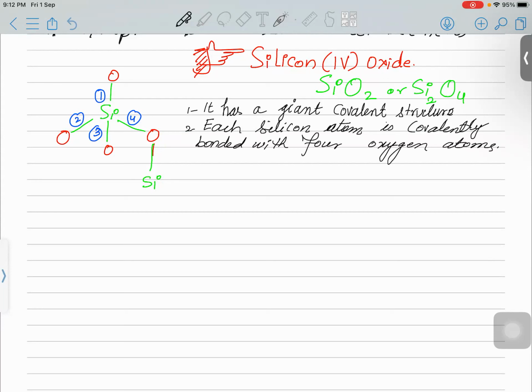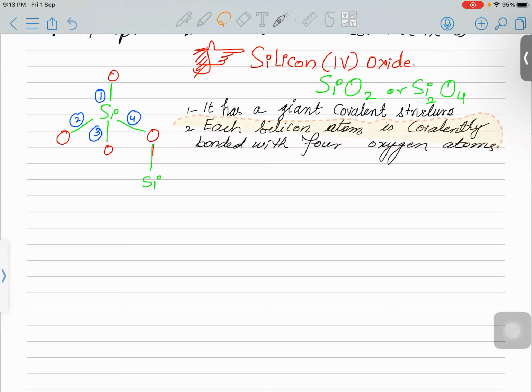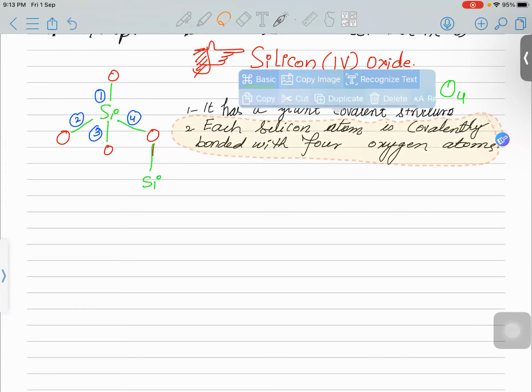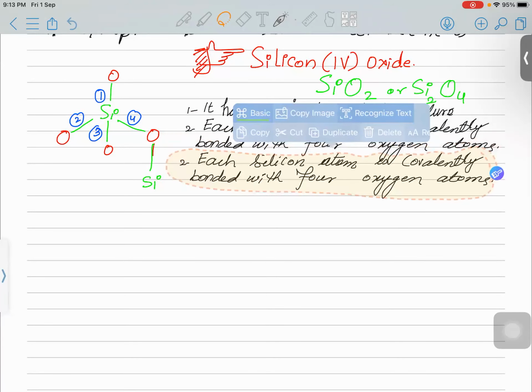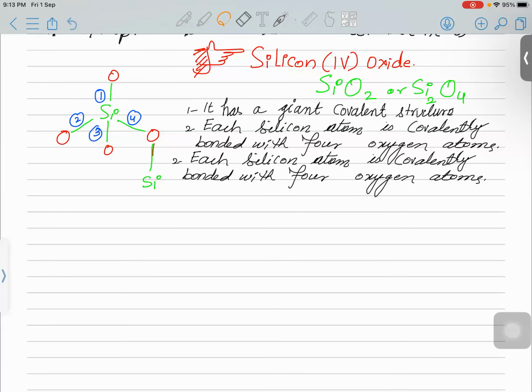So 4 means tetrahedral. Now can you tell me how many bonds there are between one oxygen and silicon?